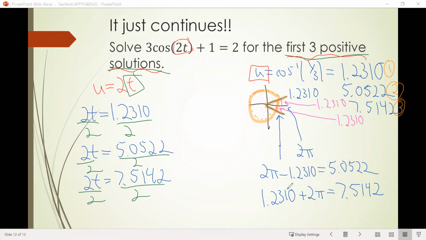When we do that, the values for t that we get are 0.6155, 2.5261, and 3.7571.